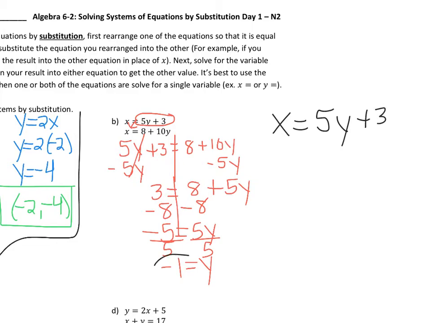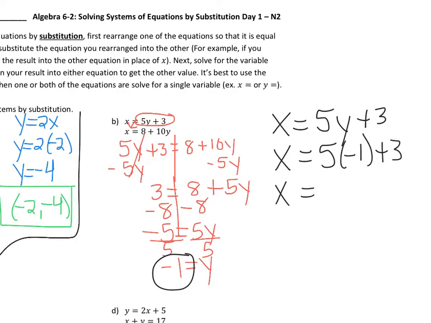I'm going to take this negative 1 and plug it in for y into this equation. x equals 5 times negative 1 plus 3. Let's simplify. 5 times negative 1 is negative 5. Bring down the plus 3. x equals negative 2. So our solution is negative 2 comma negative 1.